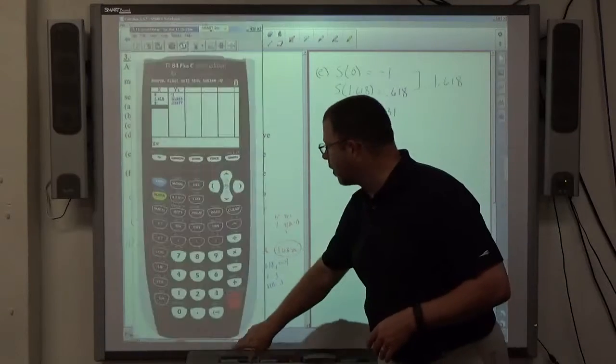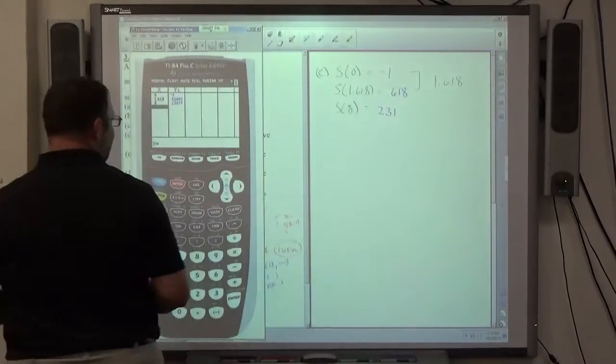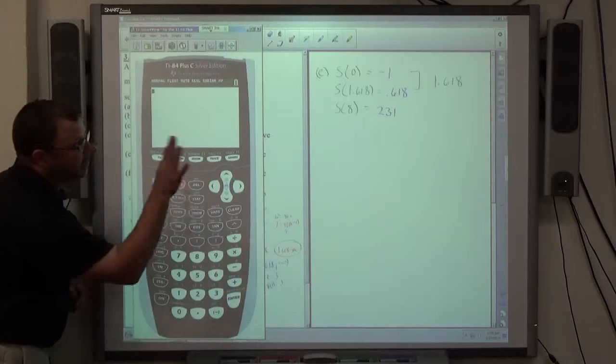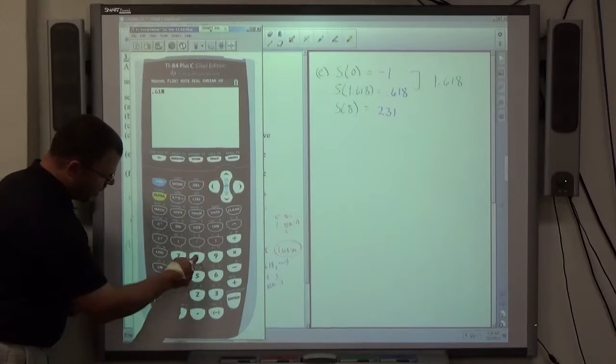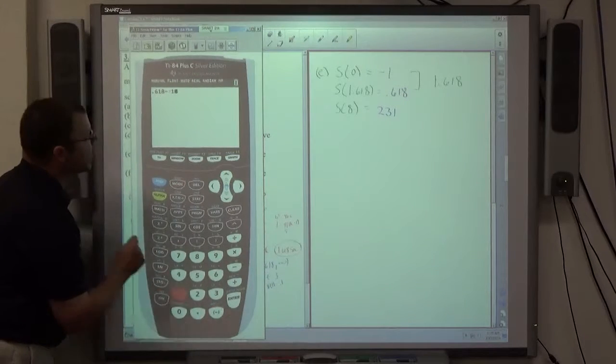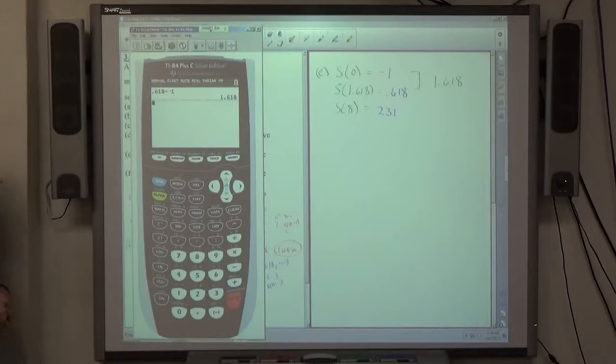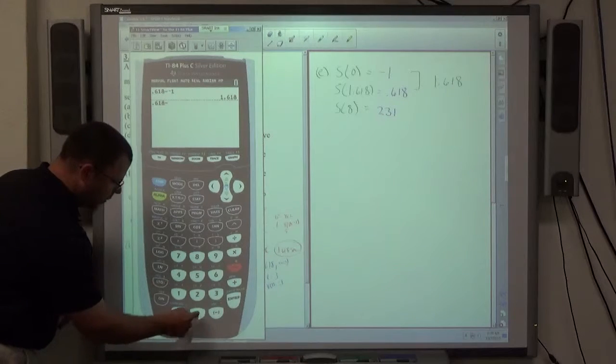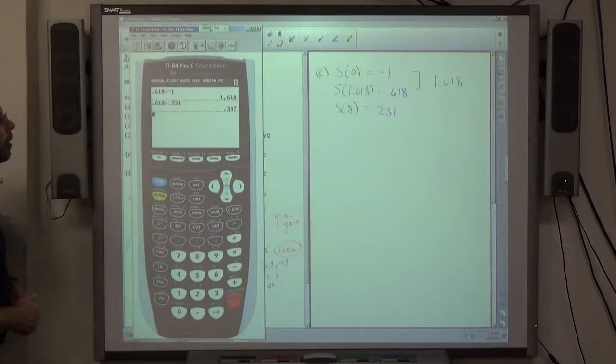So 0.618 minus negative 1 equals 1.618. What's the big number between 0.618 and 0.231? 0.618 minus 0.231 equals 0.387.